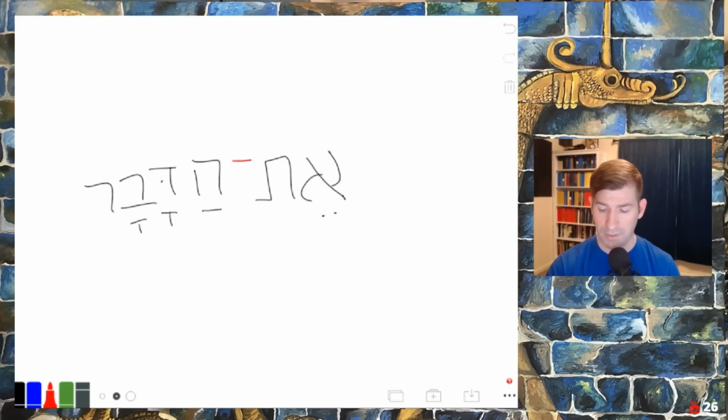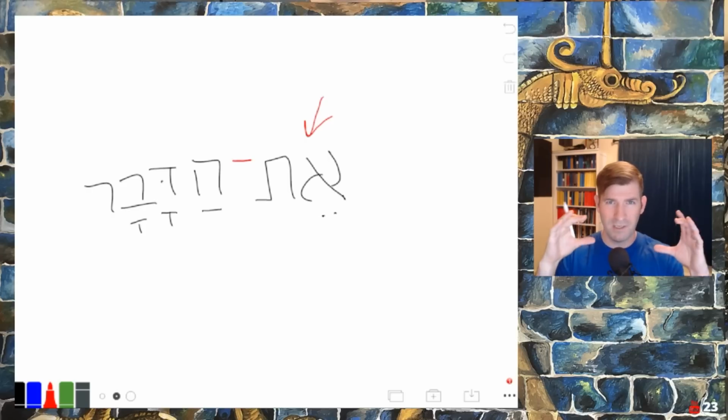Actually, let me put that in red. And what happens is this first word, et, loses its accent. Because it becomes, grammatically and in pronunciation, one word, it loses its accent, and the accent goes all the way at the end.